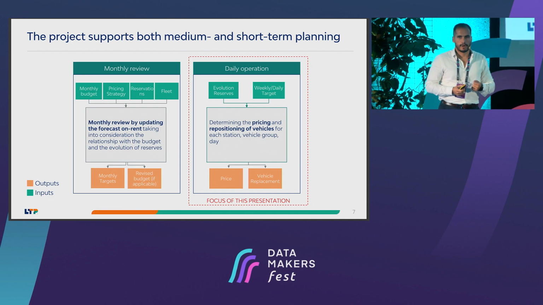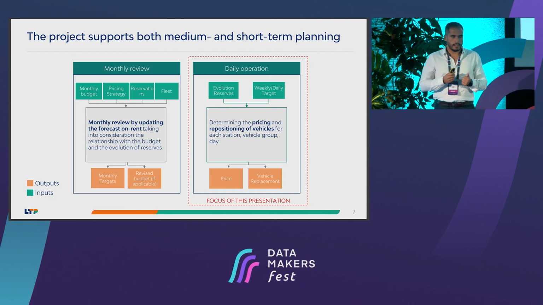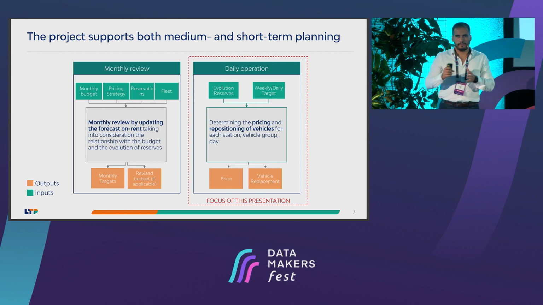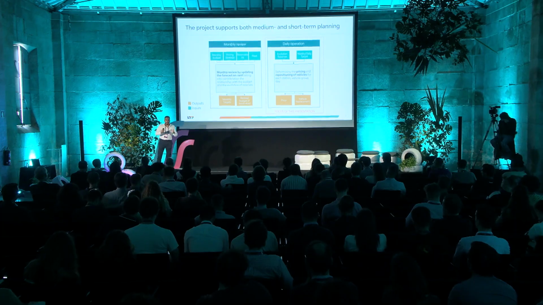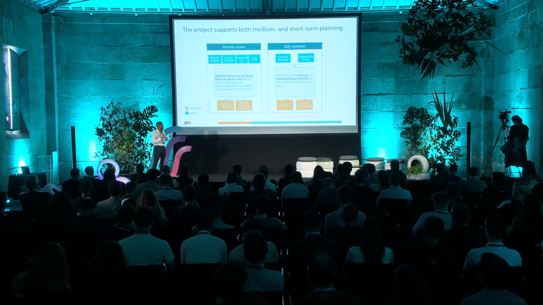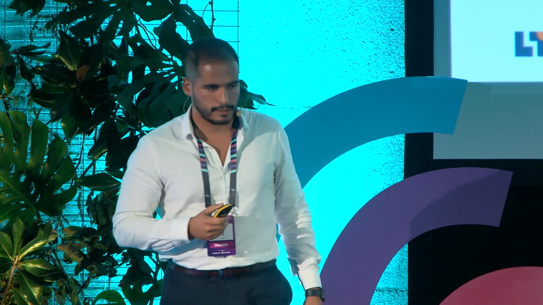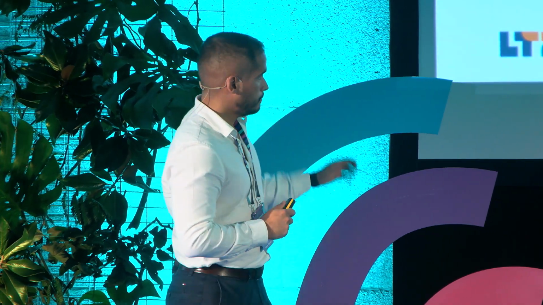We want to change prices daily and also change the fleet size of each station by moving cars around, with the key goal of setting the profitability at the highest point possible, taking into consideration the revenue and also the operational cost, and also the cost of moving cars between different stations.